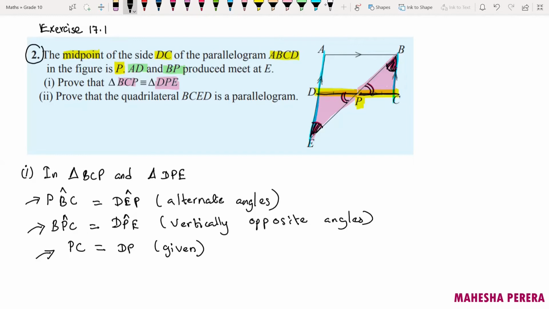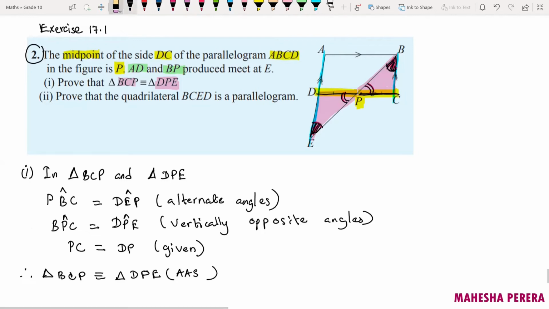So this is the AAS case. So you can say therefore triangle BCP is congruent to triangle DPE. Right. So we proved the first part.